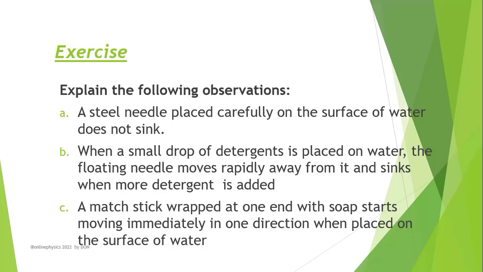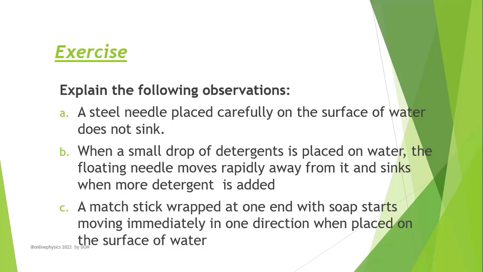That is the first one, so we've seen it is as a result of surface tension, the stretching surface as a result of the inward forces acting on the surface of the liquid. Then we are talking about when a small drop of detergent is placed on water, the floating needle moves rapidly away from it and sinks when more detergent is added.